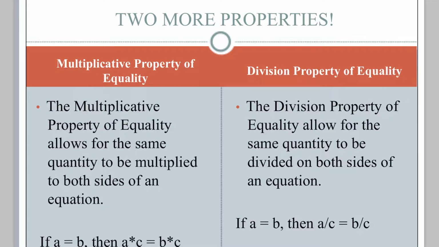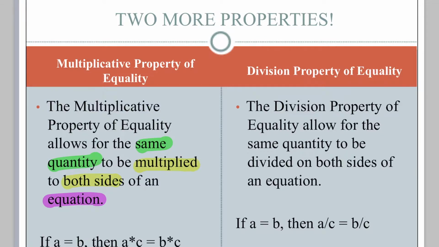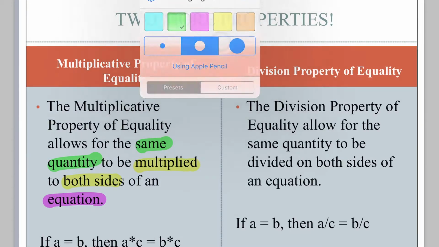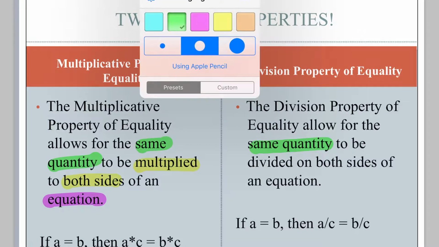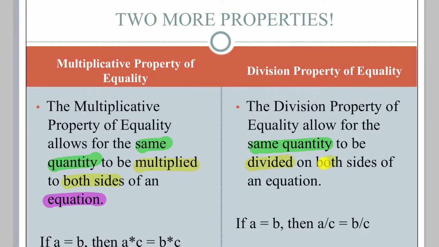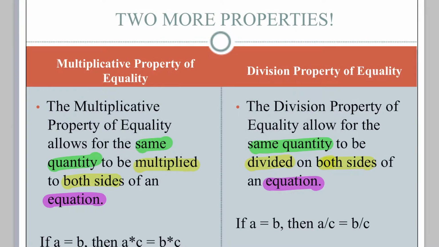The multiplicative property of equality allows for the same quantity to be multiplied to both sides. And lastly, we are still working with an equation. The division property states that the same quantity can be divided on both sides of an equation.